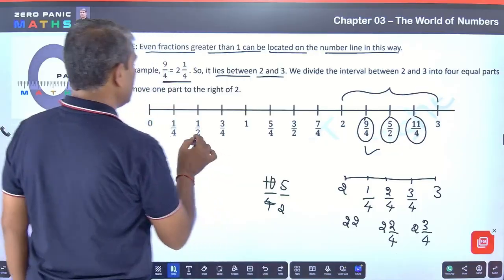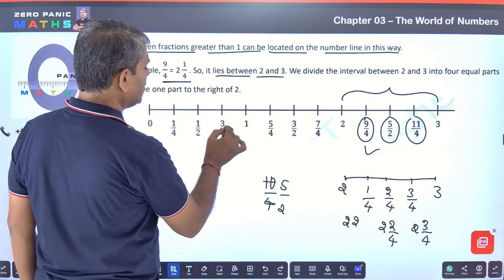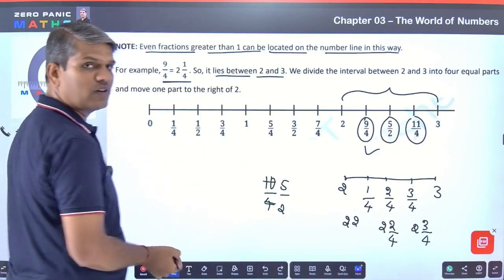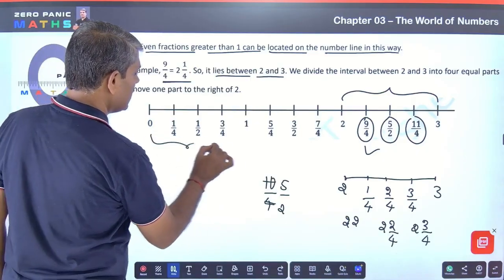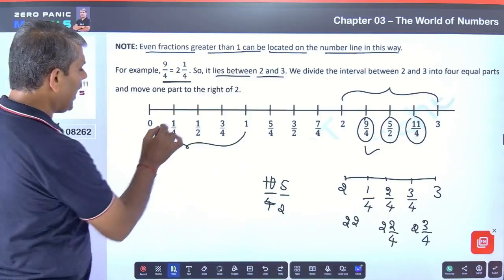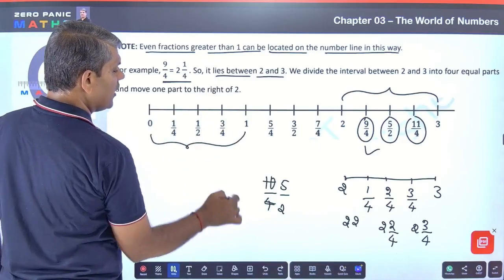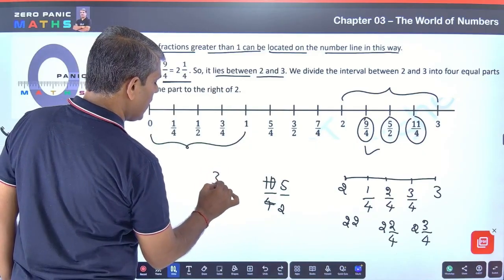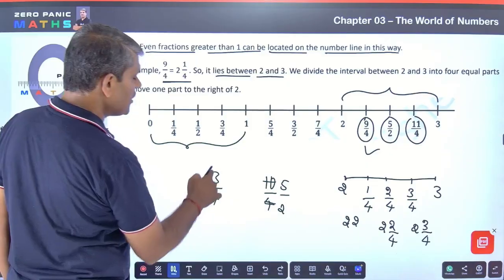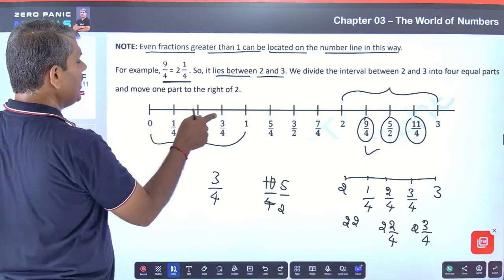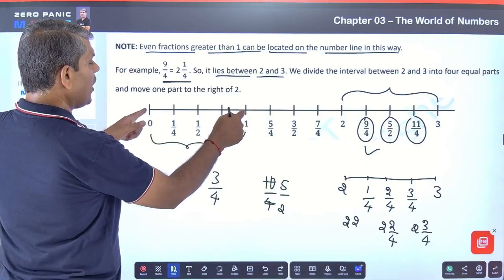Suppose you want to represent 3/4. You see this part? It's very simple. Again, see, between 0 and 1 you want to represent 3/4. Now as I already told, what is 3/4? 3/4 is a number which is less than 1. So obviously the number will lie between 0 and 1.